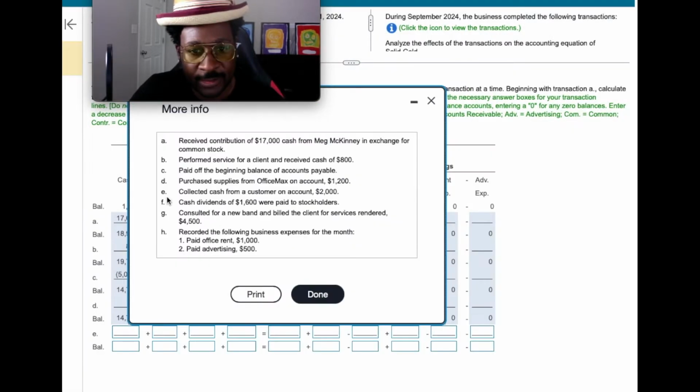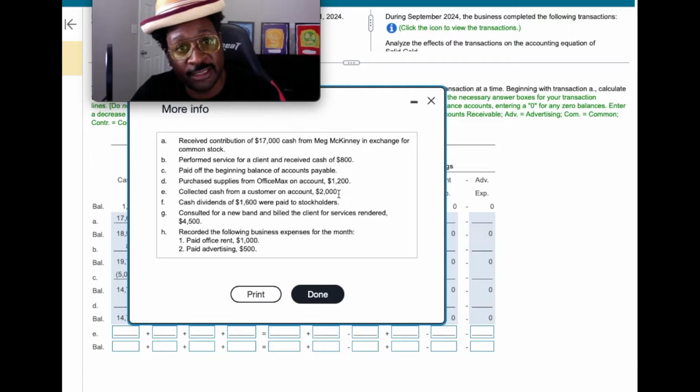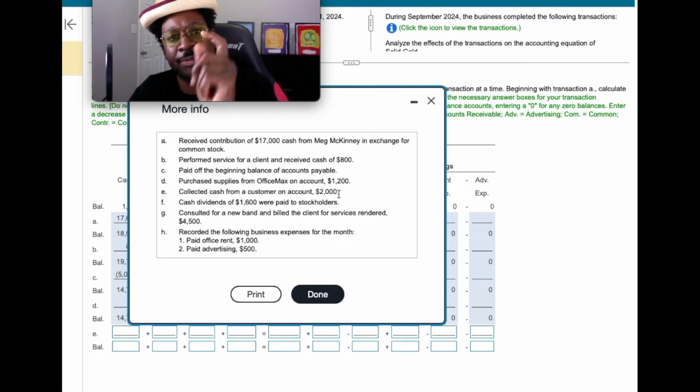Bada bing. Next, collected cash from a customer on account $2,000. Okay, gang, keywords. Collected cash on an account. Again, cash is an asset, so cash is coming up because we collected it, and the other keyword was account. Now, from our previous transaction analysis, we saw the keyword was account as well, but it happened to be a payable.